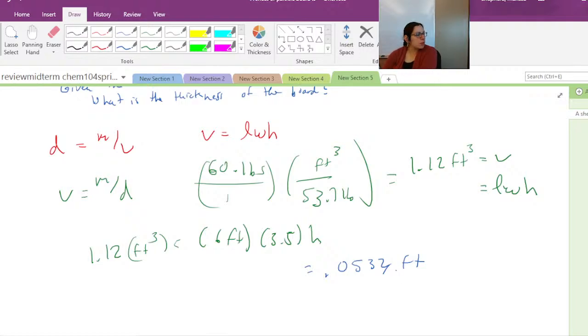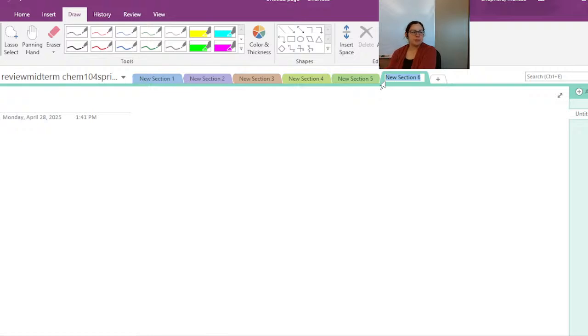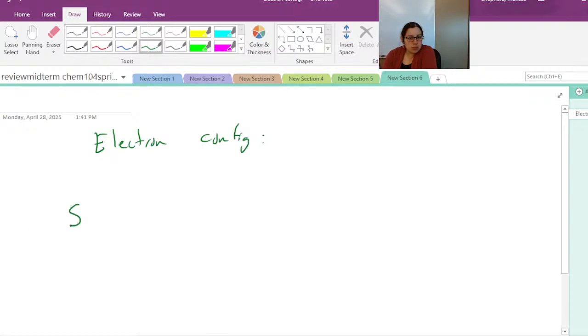Let's see, we're almost there. Let's do a few electron configuration practice problems. Write the electron configuration for the following. So this is antimony, and that's neutral.